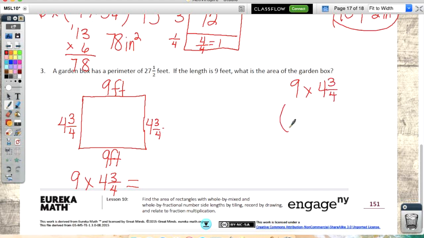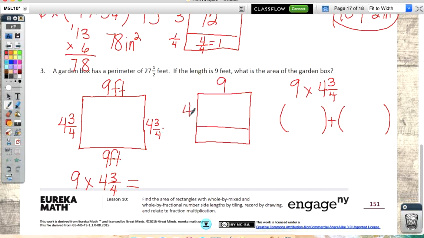Okay, and numerically, I'm going to add 2 multiplication problems together. Area model, I'm also going to add 2 multiplication problems together. So go ahead and get all those written down. So let's take a look at this. I feel like I just did 9 times 4, did I? 36. 3/4 times 9 would be what? 27. 27 fourths.